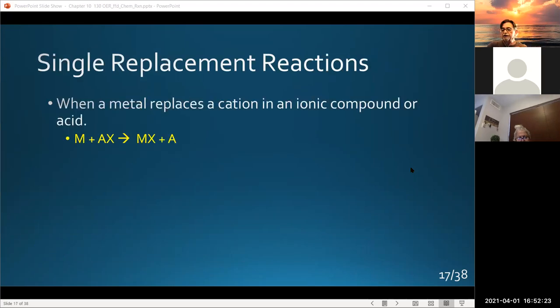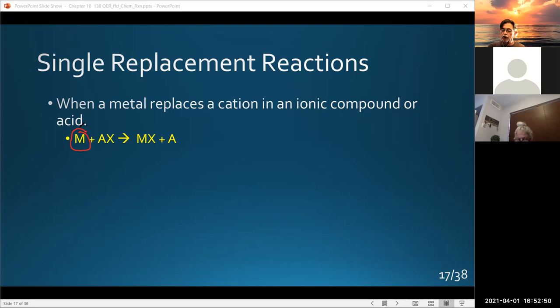All right, the single replacement reactions. And what was happening here, as I discussed in the previous slide when we first started off, is that we are having two metals reacting with each other. However, each metal is in a different state. This metal M is in the solid state. It is an element.